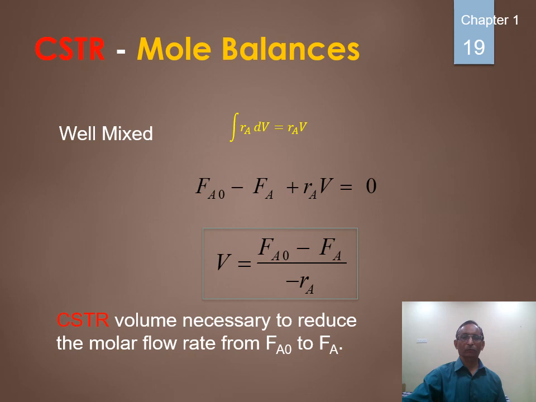That way you size your CSTR using this equation. For that you have to identify the rate. If the rate is given, and the initial and final flow rates are available, you can identify how much volume is required.